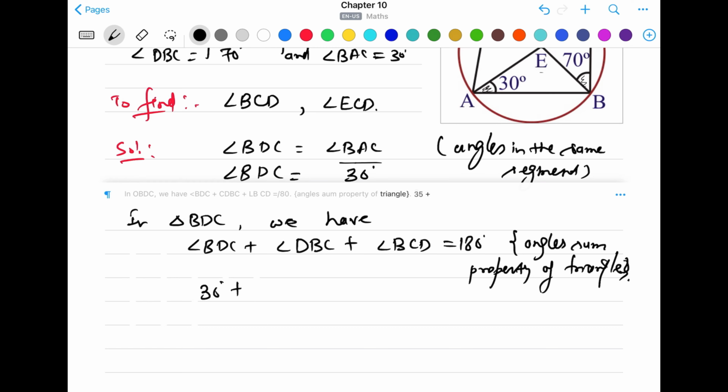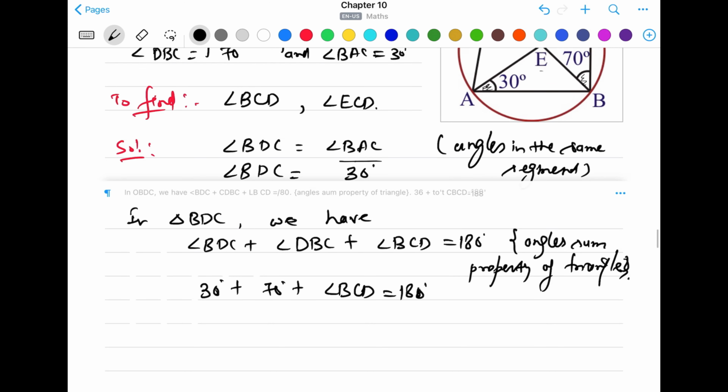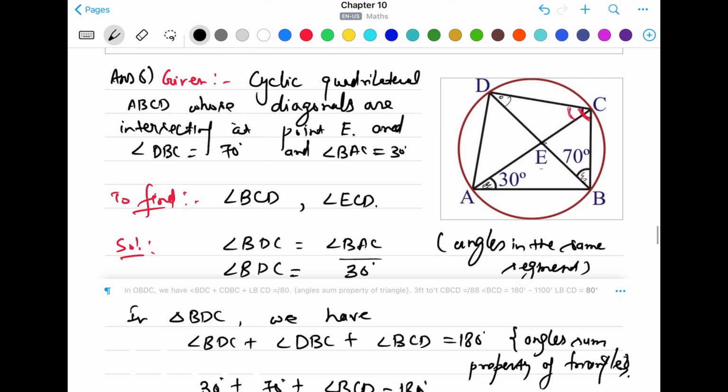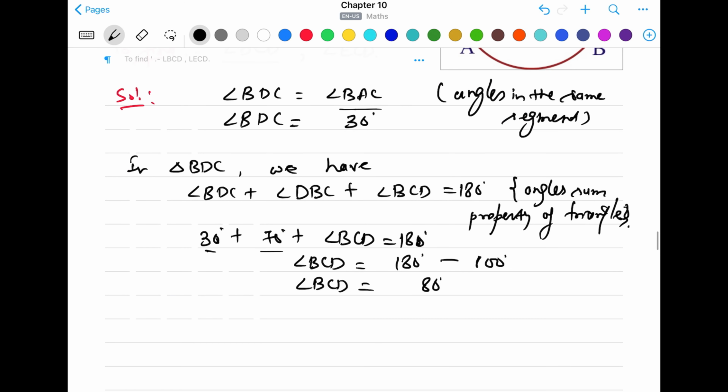BDC is given as 30 degrees, angle DBC is 70 degrees, and we have to find angle BCD. So angle BCD will be 180 degrees minus 100 degrees, since 30 plus 70 is 100. So angle BCD will be equal to 80 degrees. This complete angle BCD, which we had to find, is 80 degrees.